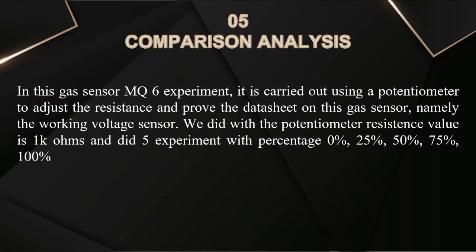And the comparison analysis: in this MQ6 gas sensor experiment, it is carried out using a potentiometer to adjust the resistance and prove the datasheet of this gas sensor, namely the working voltage of the sensor. We did it with a potentiometer resistance value of 1 kilo ohm and did 5 experiments with percentages 0%, 25%, 50%, 75%, and 100%.